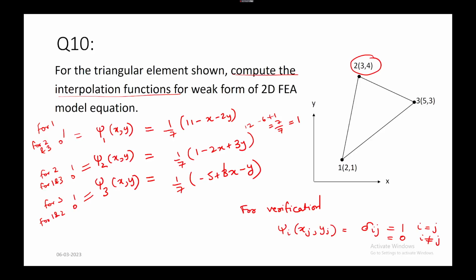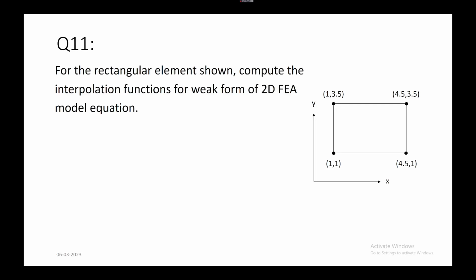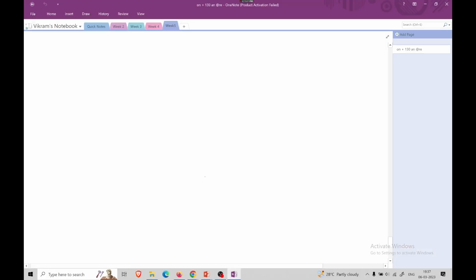So similarly, now one more question we are going to do. So we have, this is my 1, this is my 2, this is my 3 and this is my 4. I want to find psi 1, psi 2, psi 3 and psi 4. So again we are going to do the similar procedure.